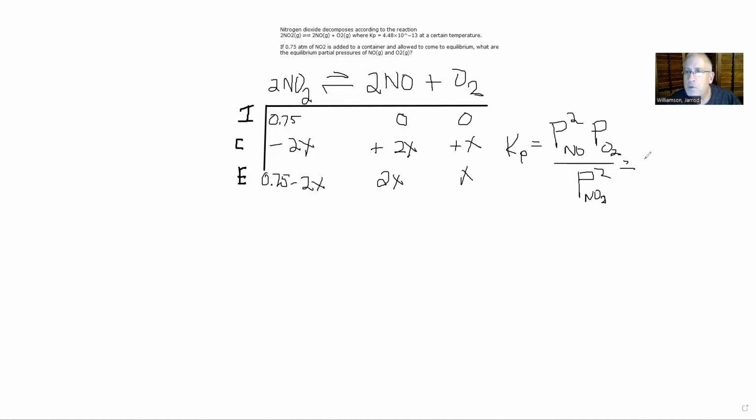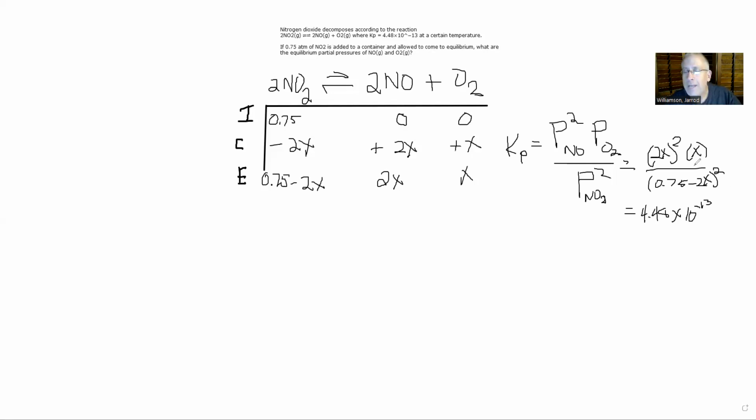That'll be equal to 2x squared times x all over 0.75 minus 2x quantity squared. And that's going to be equal to 4.48 times 10 to the negative 13 power.